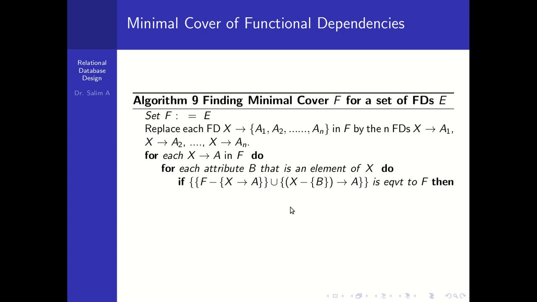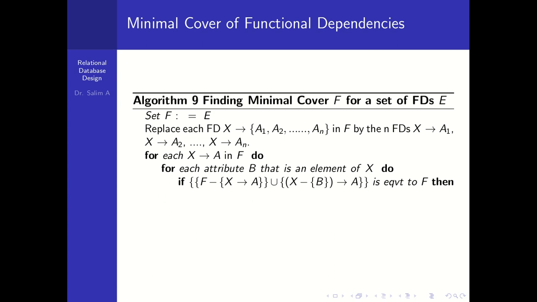With some examples it will be more clear. This is very simple. F is your set of functional dependencies minus X determines A, that is, you are removing a functional dependency X determines A from the set, and including another one.